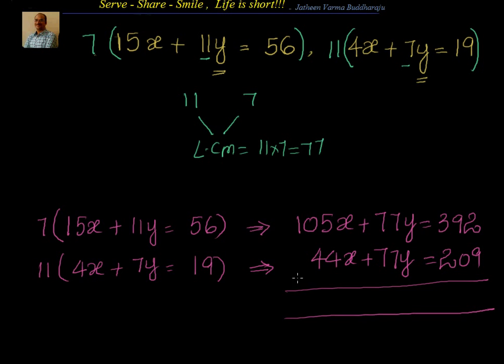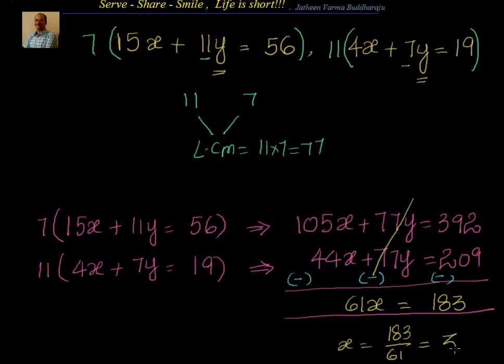If it is the same sign, then I should do subtraction. All the signs will change when I subtract, and I will cancel the variable y. I will have 105 minus 44, that is 61x equal to 183. If I simplify, x equal to 183 by 61, that's equal to 3.